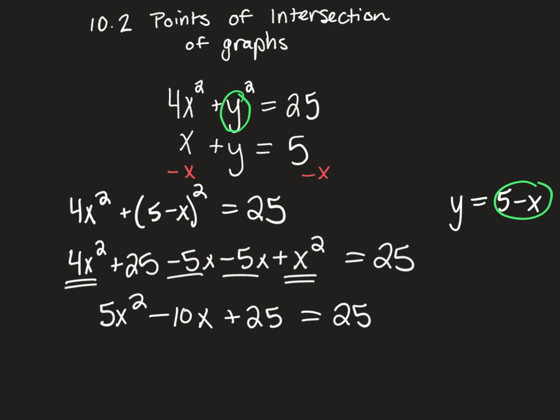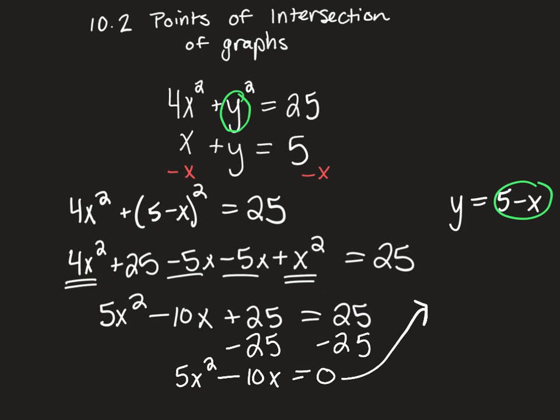So then we get 5x squared minus 10x equals 0. So we can very easily factor that, right? We can pull out a common factor of 5x, which leaves us with x minus 2. And so then this one, when we set it equal to 0, we get x equals 0. And this one will give us x equals 2.